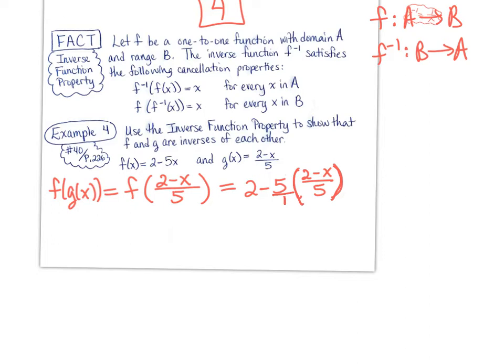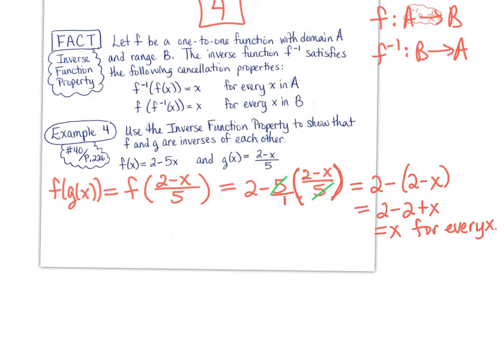Can we cancel the 5? Yes, the 5's cancel out. Good. So that leaves us with 2 minus the quantity 2 minus x. Then what do we do? Distribute the negative, and that gives us 2 minus 2 plus x, which gives us x as we want it, for every x. Okay?